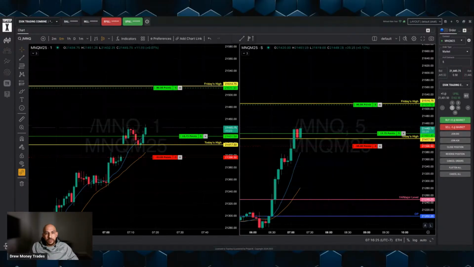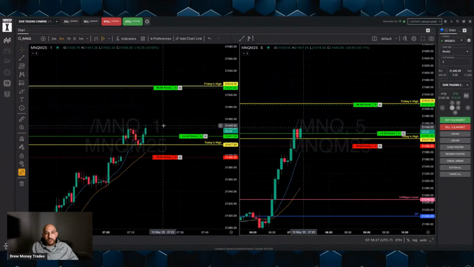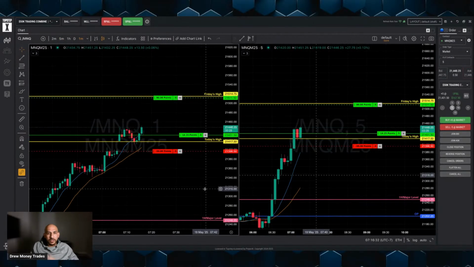There's sellers coming in, just limit orders. It looks like they're just pushing it down a little bit, but I'm still holding it. Big four look good. They're all green.